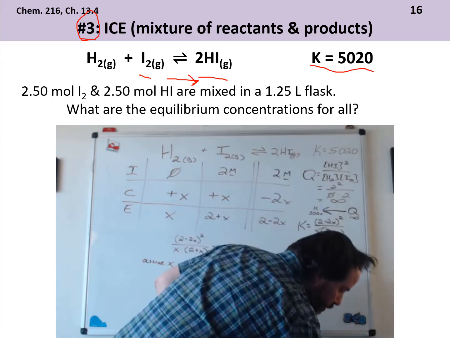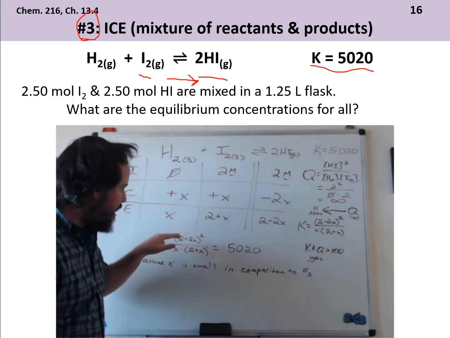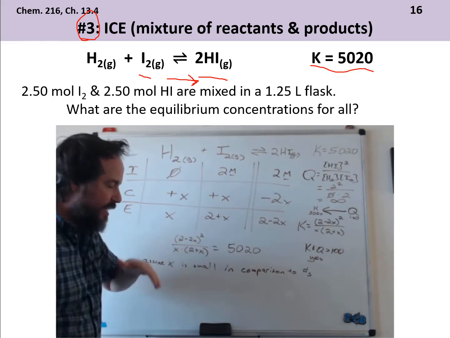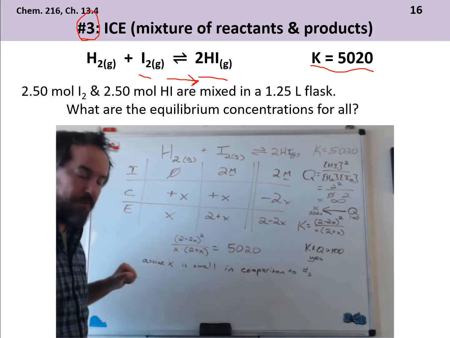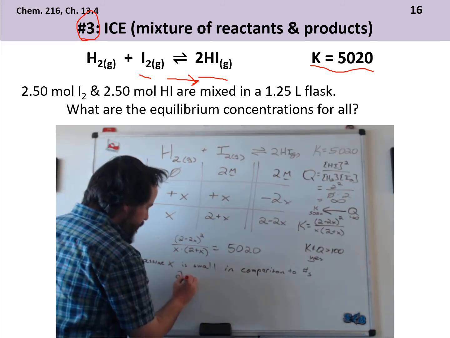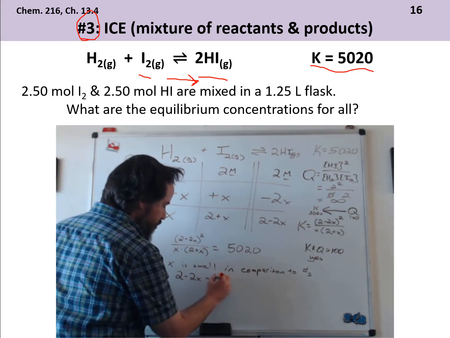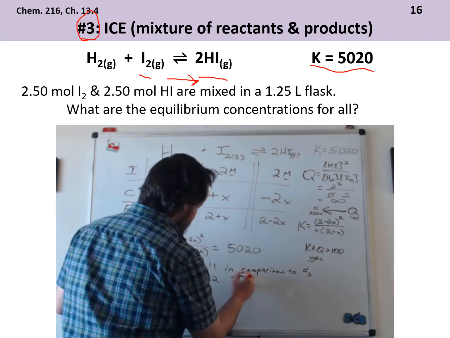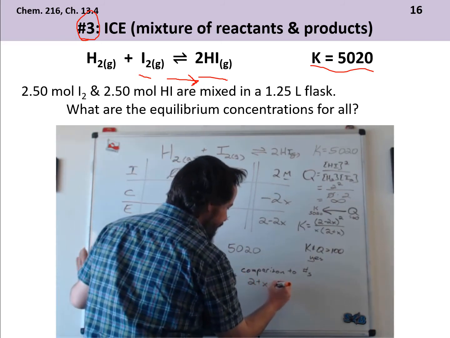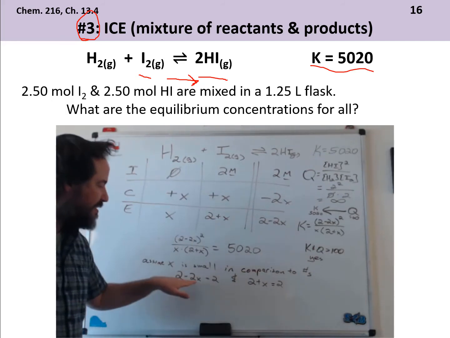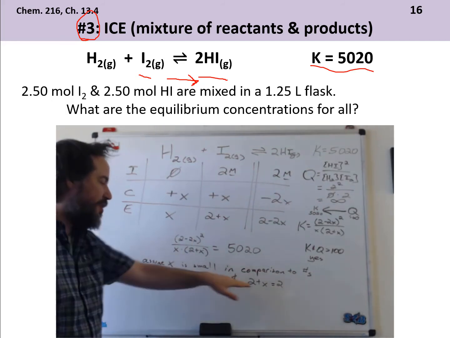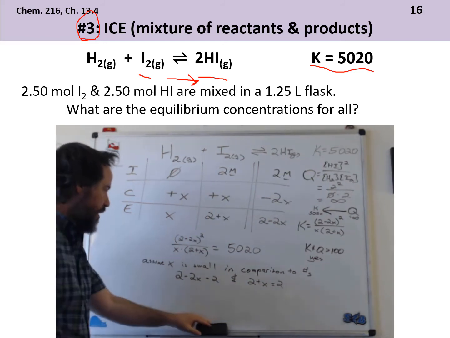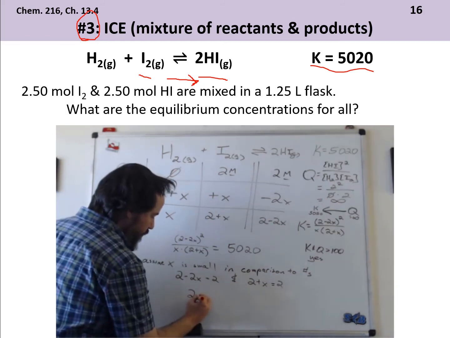What that means is anytime I have a number minus x or plus x, I get rid of it. But this x by itself, I can't get rid of. So I'm going to assume 2 minus 2x is just equal to 2, and 2 plus x is equal to 2. Why? Because if I'm subtracting off 2x and I say that's small, then this also will be small.